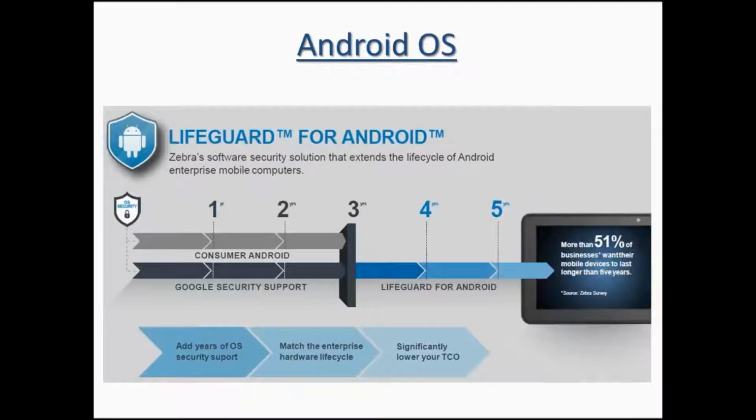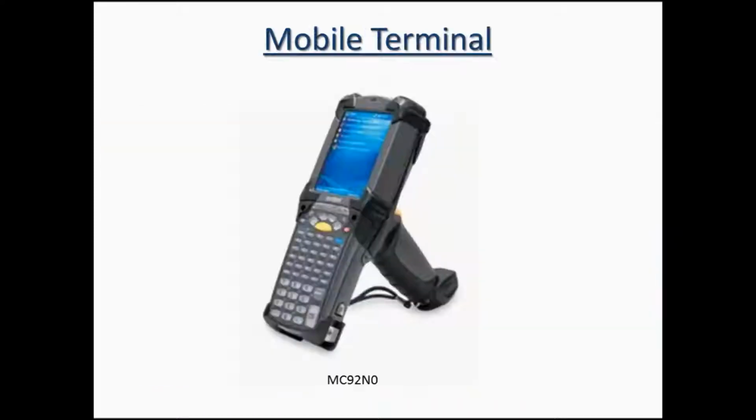On this screen, I did want to throw this in here. One of the other things that Zebra does for its customers, if you are on a maintenance agreement, which BCCD recommends for everything that we propose, is what they're calling LifeGuard for the Android system. So instead of Android only supporting their consumer operating systems for 3 years, we have ours supported for 5 years minimum.